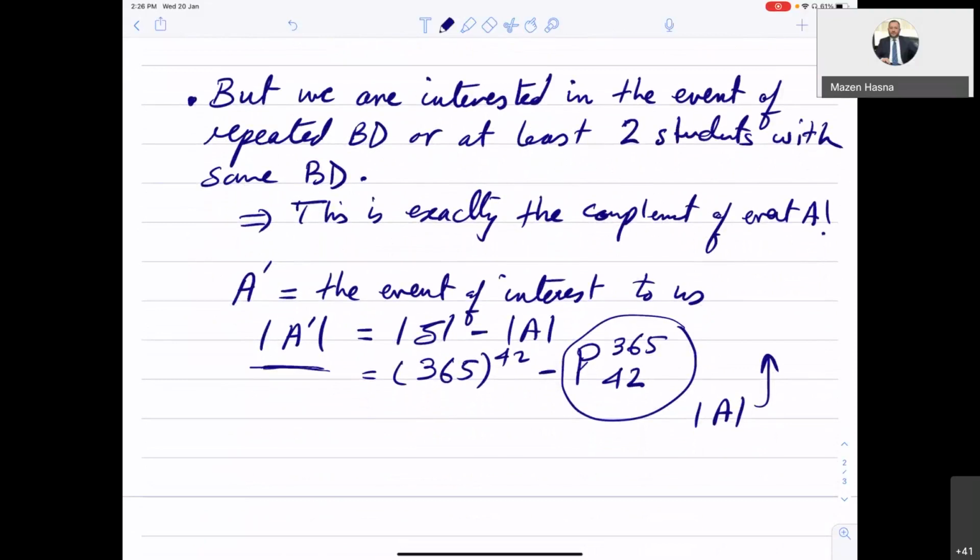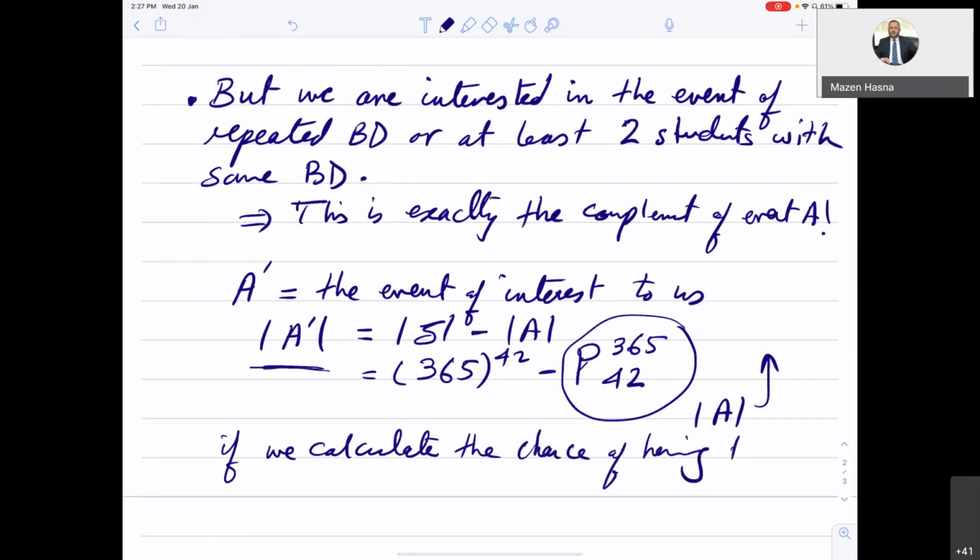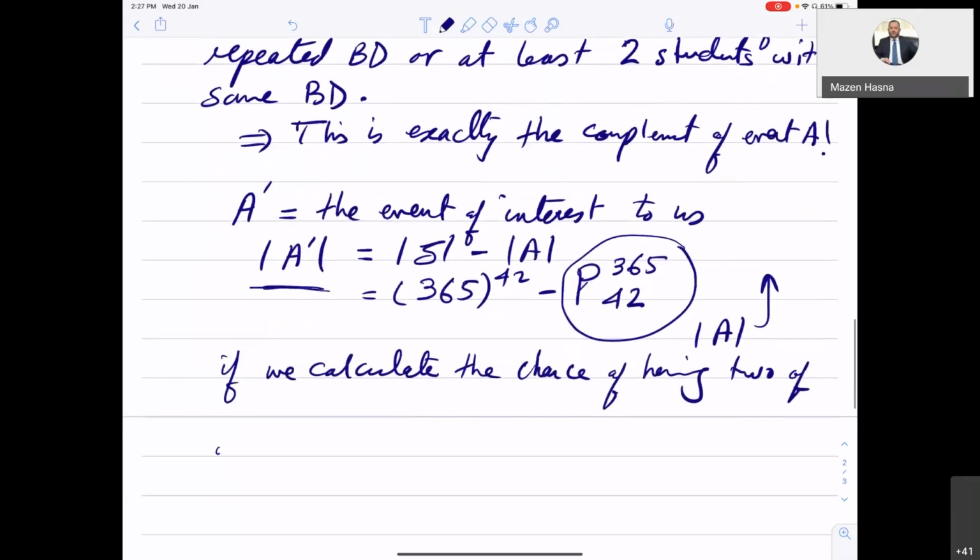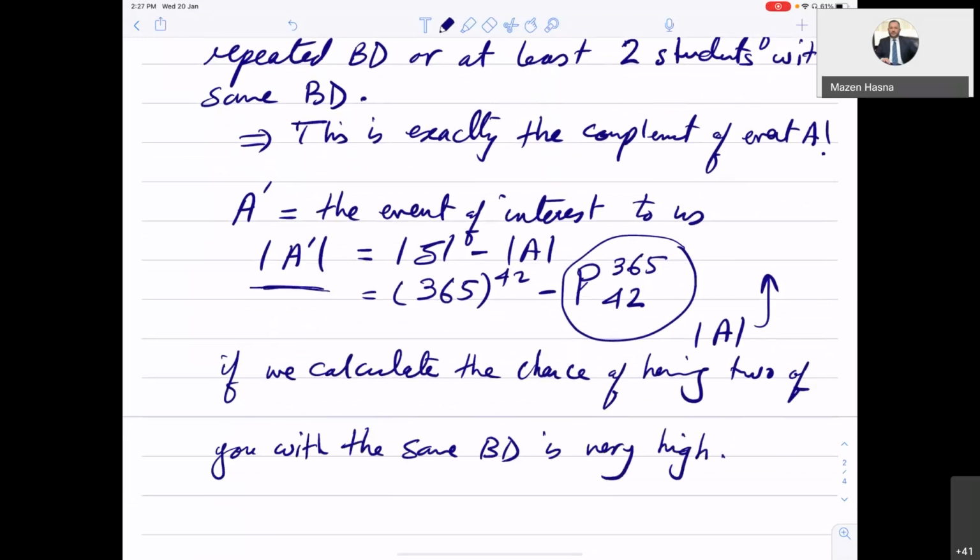And if one of you can calculate this and bring it to us next time, you will find out that the chance of having 2 of you with the same birthday is very high, more than like 85% or 90%.